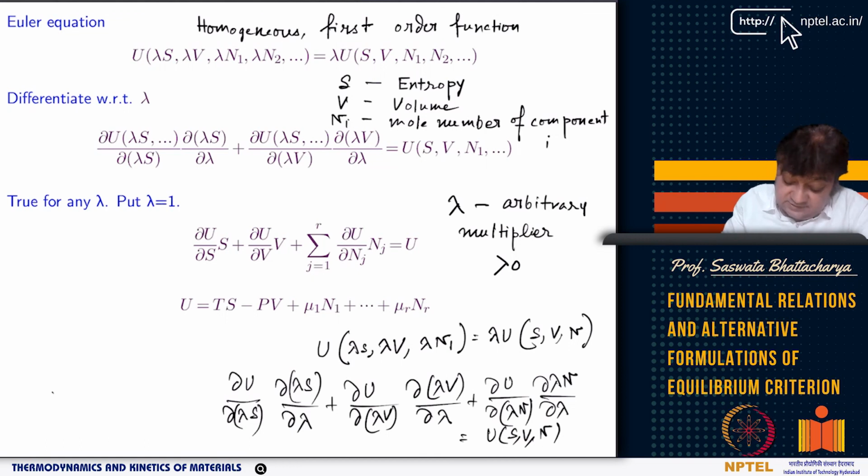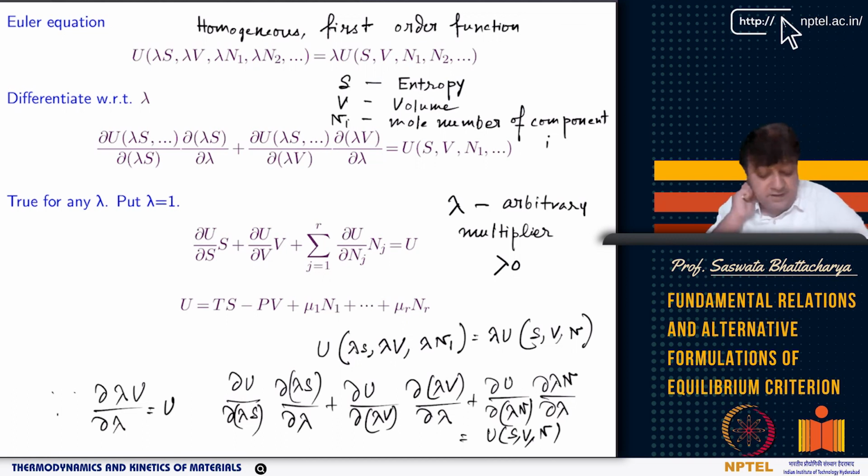Because the derivative of lambda U with respect to lambda is nothing but U itself. That is why you have U(S, V, N) here.